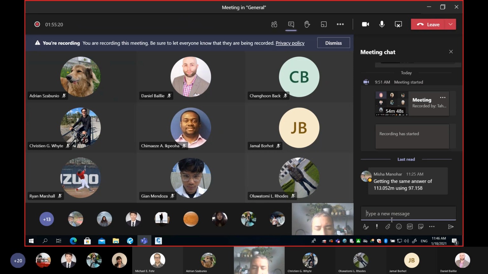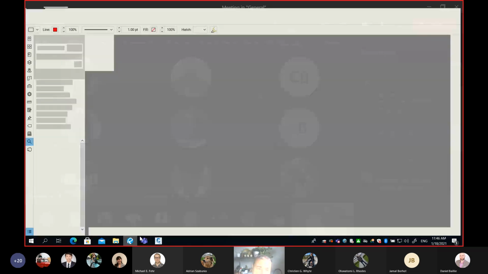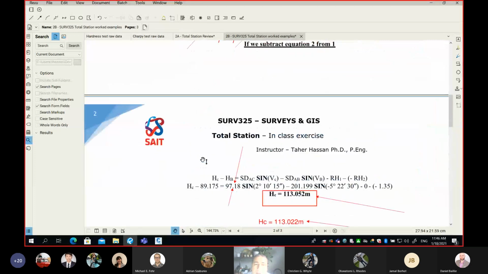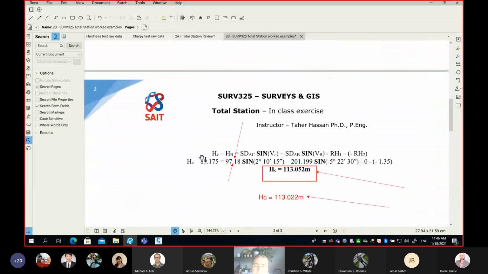Okay, so Misha is making a comment saying getting the same answer as 13.052 using 97.5158. What this means is that when I did the calculation, this is a typo. I'm going to make it a rectangle here.